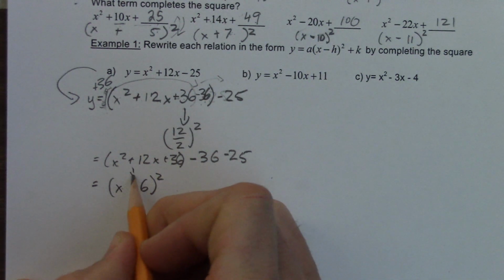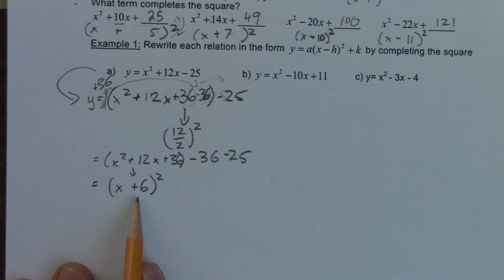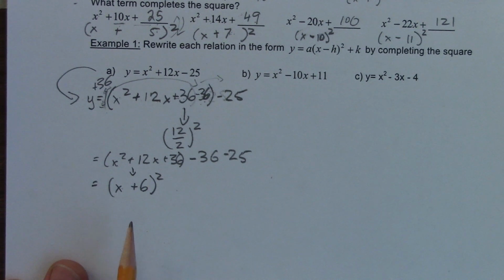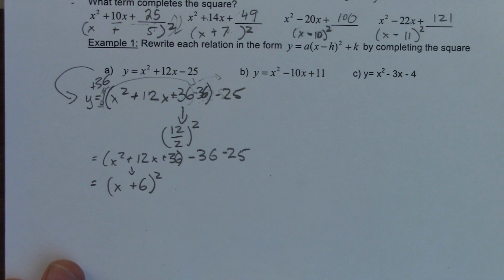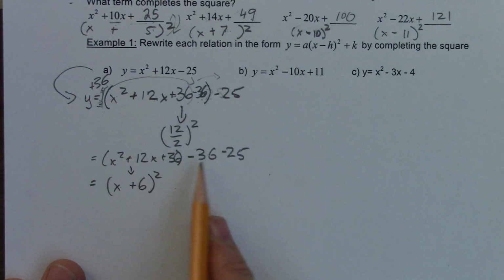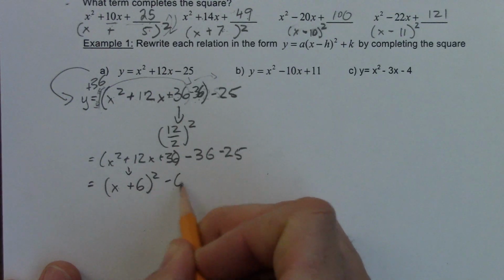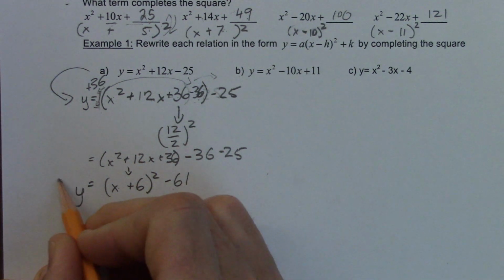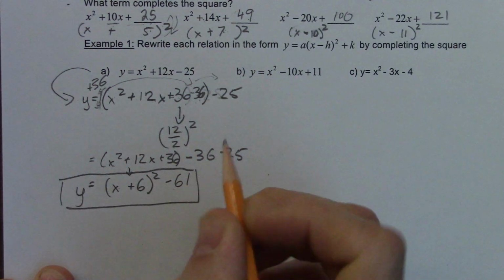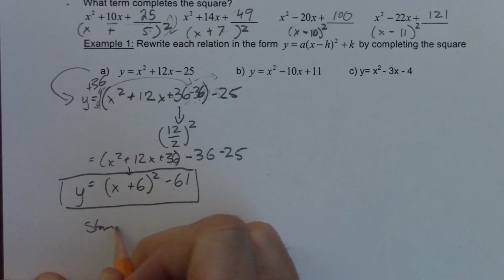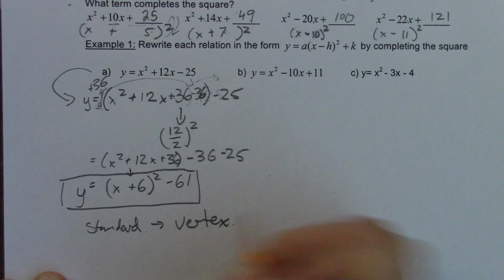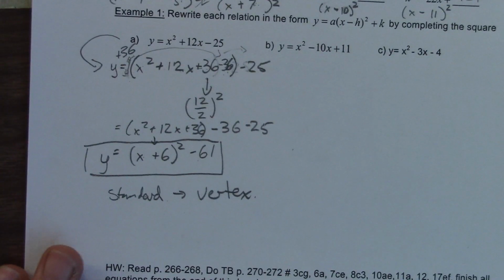I can convert that trinomial into this binomial square because I chose that number specifically to do that. And now the last step, I need to combine these 2 terms. 36 and 25, I think, is 61. So what have I done here? I have rearranged my standard form into my vertex form.